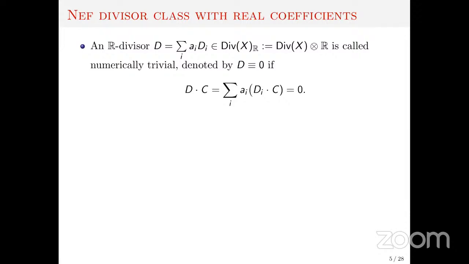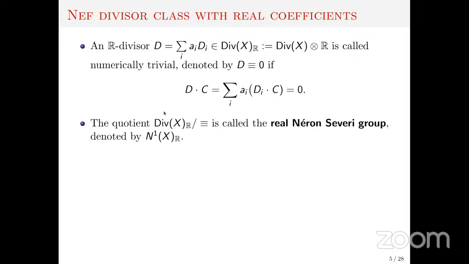An R-divisor is an element in Div(X) tensor R, where Div(X) denotes the divisor group of X. Such an R-divisor looks like a sum of a_i D_i, where the a_i are real numbers which are zero except for finitely many, and the D_i are Cartier divisors on X. Such a divisor D is called numerically trivial if its intersection with every curve C is 0.